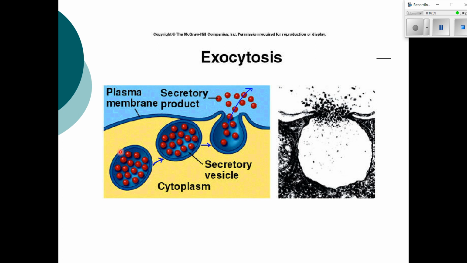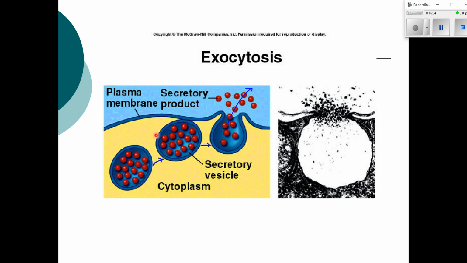It has a phospholipid bilayer membrane around it, and it's just chock full of some useful protein. And so this whole vesicle will slide out to the edge of the cell. Now, the yellow is the cytoplasm, so this is all inside the cell. The vesicle is going to slide out to the edge of the cell where the plasma membrane is located.